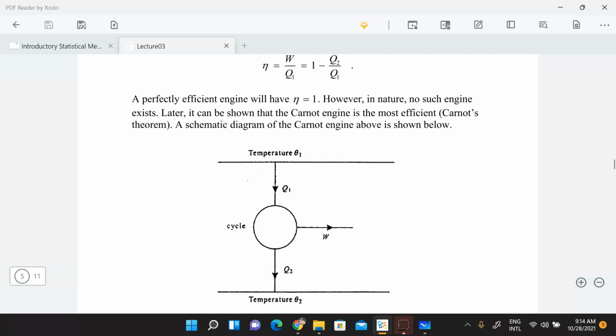So one can actually reverse the process because each of the processes in the cycle is reversible.